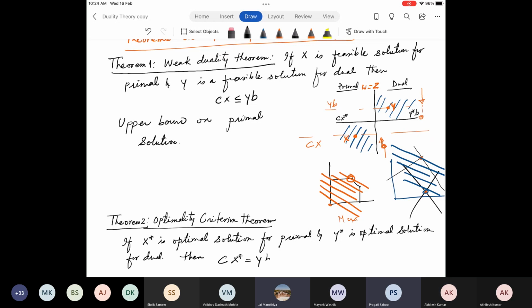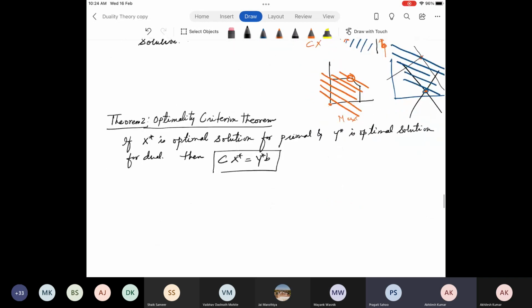Cx star equals Y star B. This is the optimality theorem, which we have already seen.